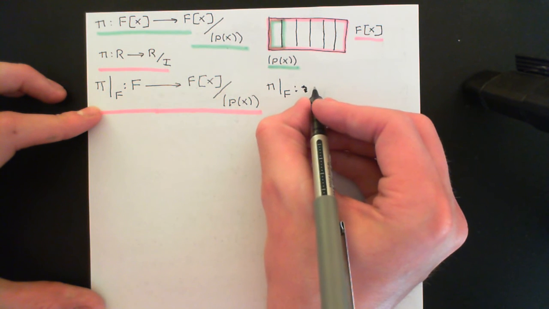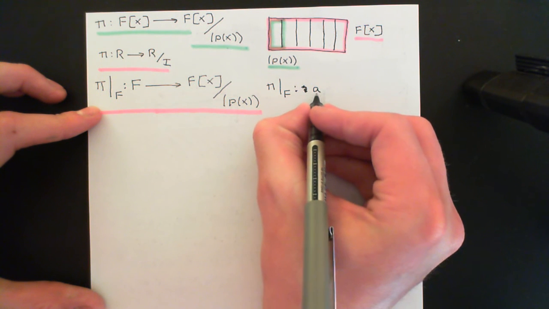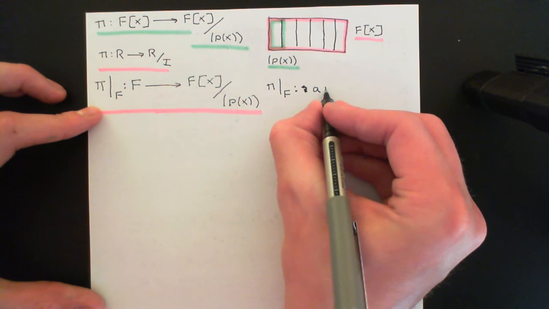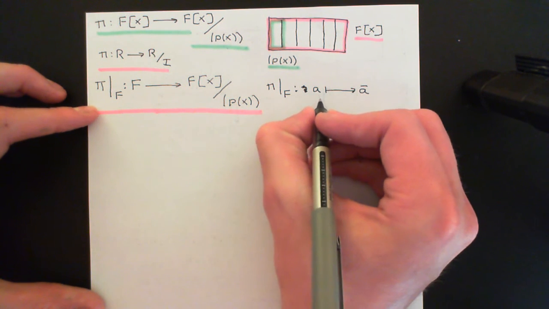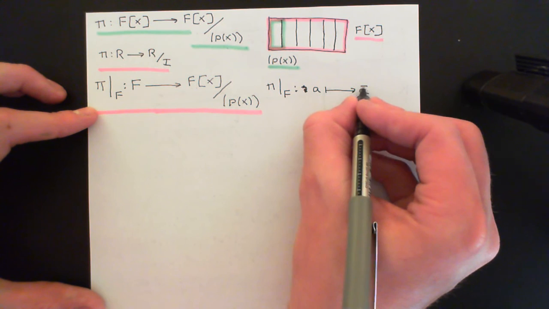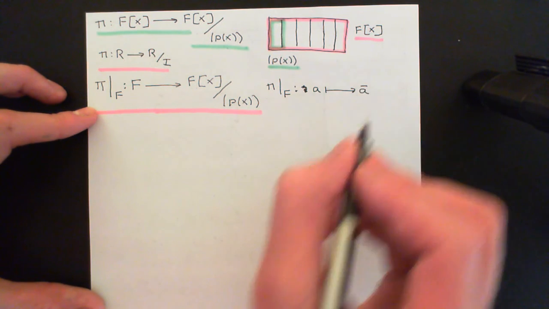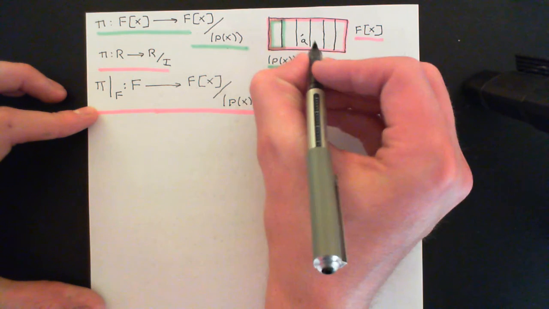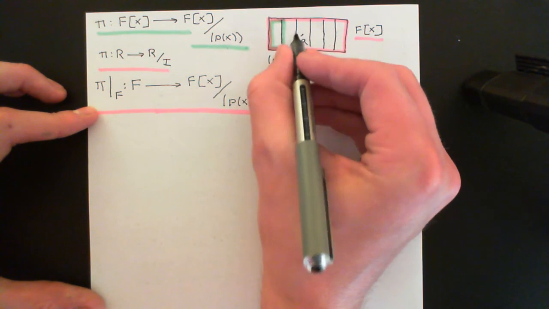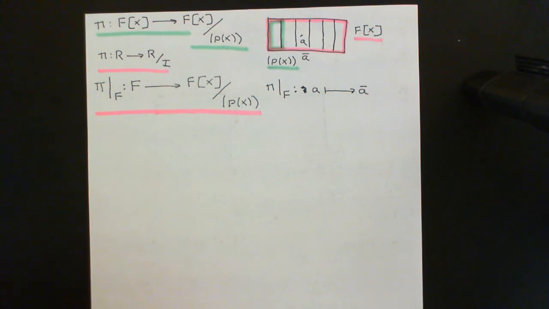What should I call it? I'll just call it little a. Little a is some element of the field, and it's going to be mapped onto the coset that contains it. So a is just a constant polynomial, and the notation we'll use for the coset that contains a is just going to be a bar.